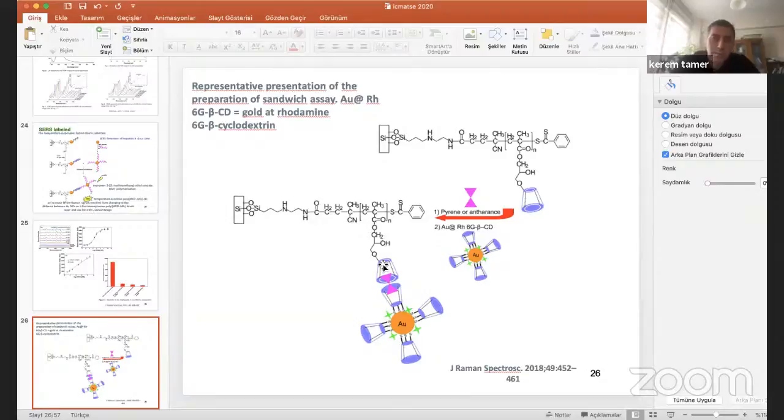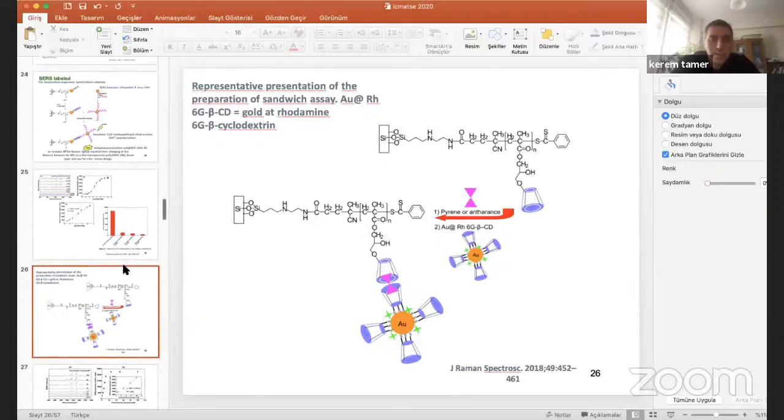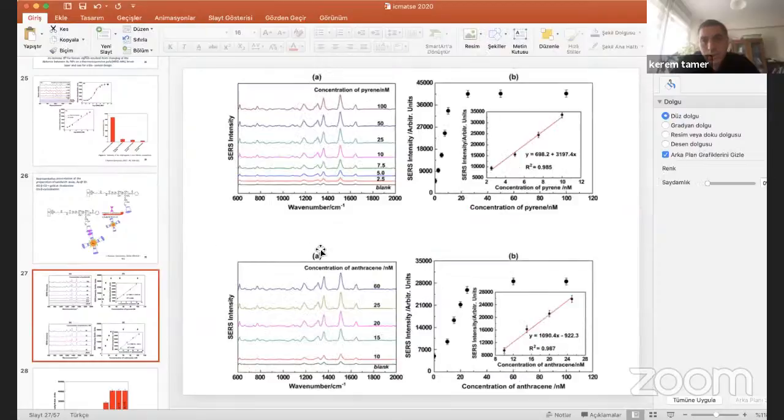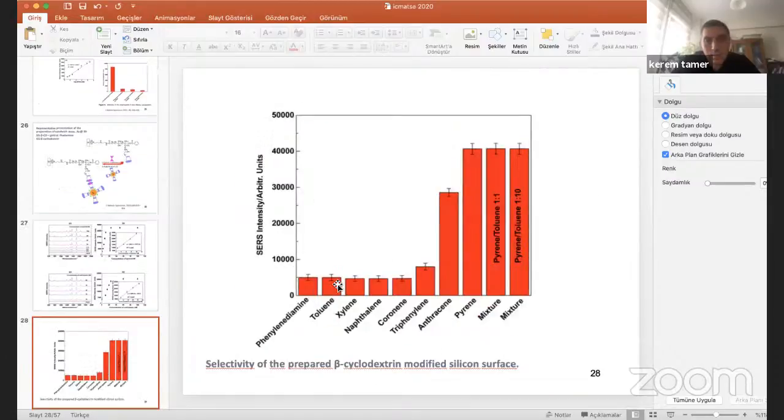This is another example, but the strategy is the same. As you see, this is our calibration curve, and we can reach nanomolar concentration of some pyrene molecule. This is our selectivity.